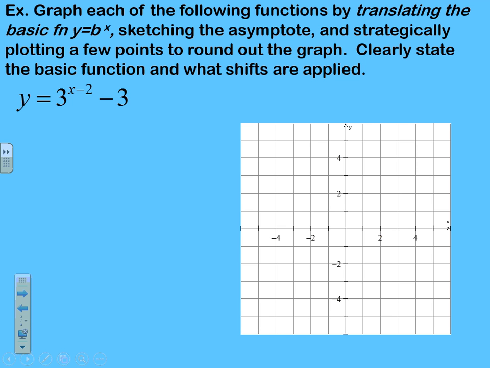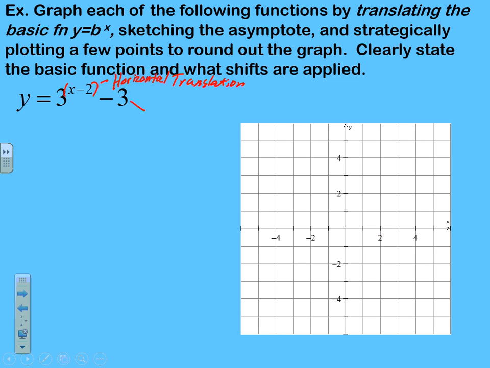We have a function that says y is equal to 3 to the x minus 2 power, minus 3. Now, what I see here, in other functions, we would generally see that in parentheses. That is telling us that we have a horizontal translation, meaning it will slide side to side.